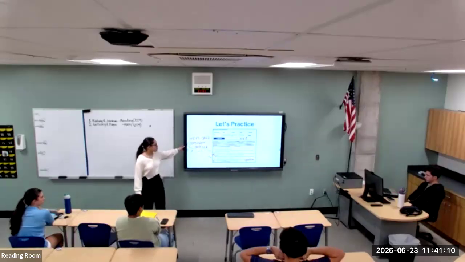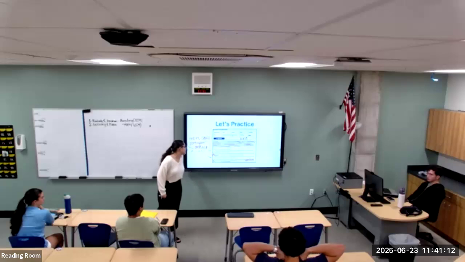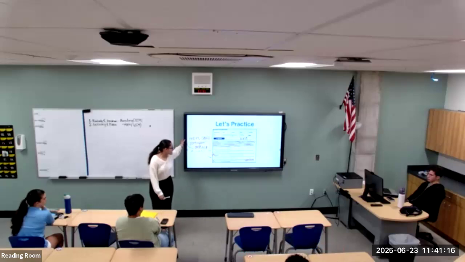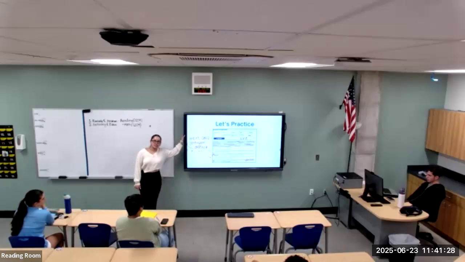Let's get back to A, okay? The bird's preference for their own dialect likely disappears as they mature to promote socialization between different populations. What do we think? Is this talking about socialization? No? Why do you think no?